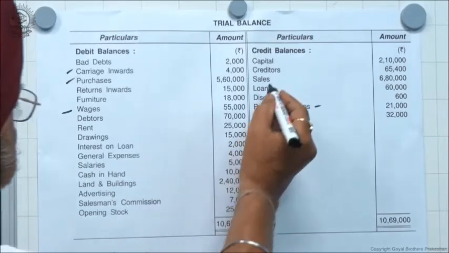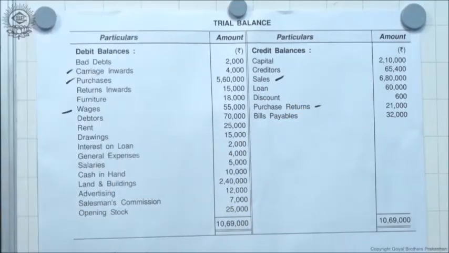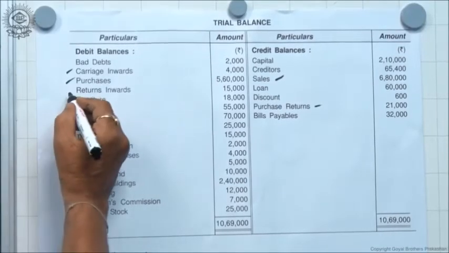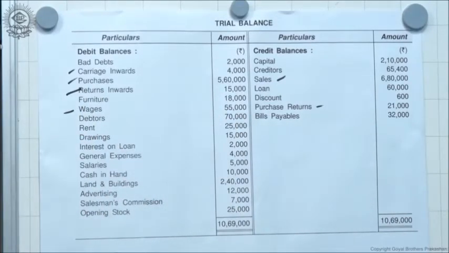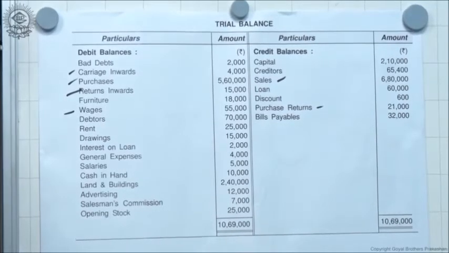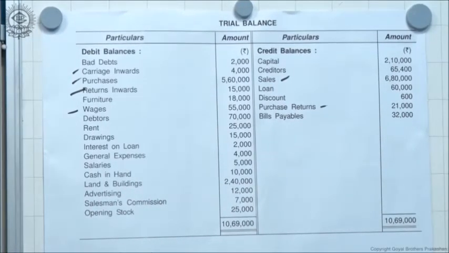Come here. By sales. Sales कितनी है? इधर से देखो. Sales है 6,80,000. Less returns. Returns आपको इधर से मिलेंगी. ये है returns 15,000. और इसमें से 15 घटा दें हम तो we will get 6,65,000. एक एडजस्टमेंट और ले लें इधर से.